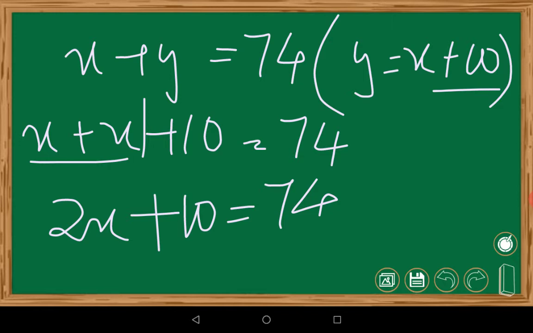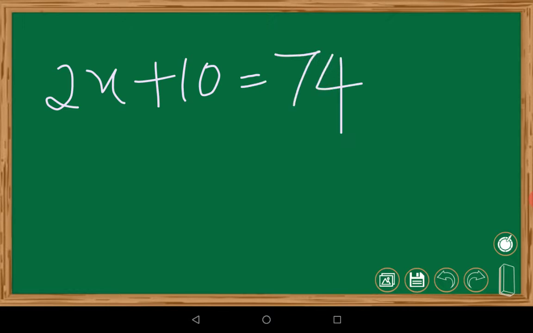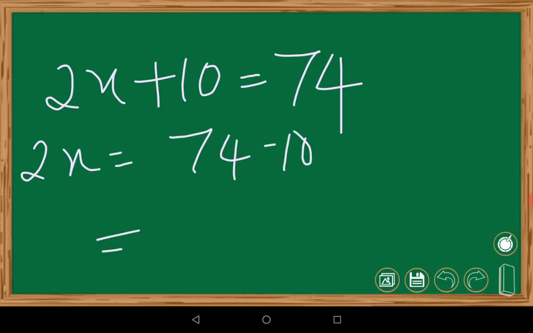Both are okay, but let's do transposition because it is simple. 2x is equal to 74 minus 10. 74 minus 10 is 64. 2x is equal to 64.